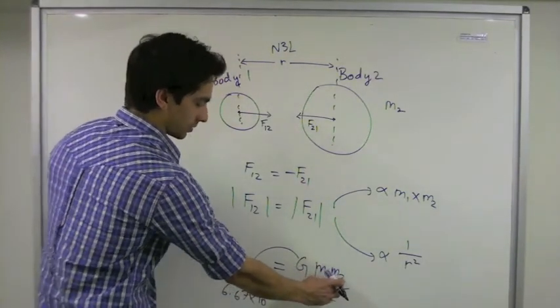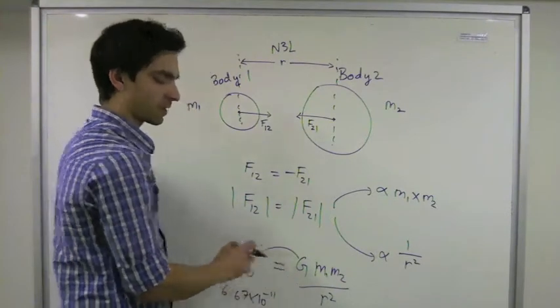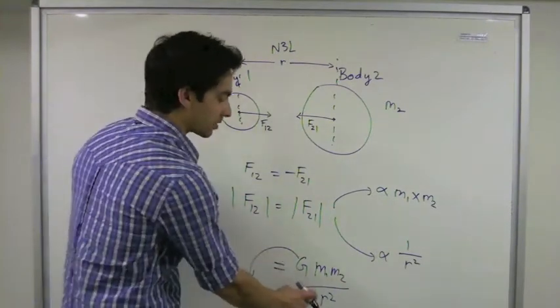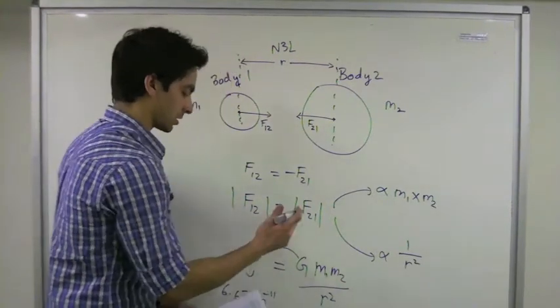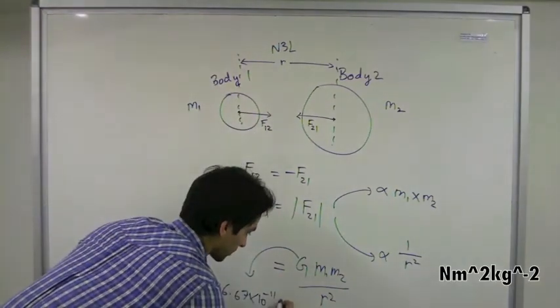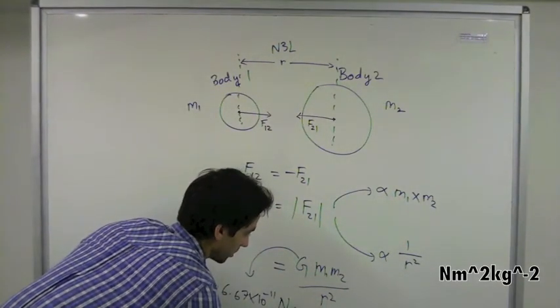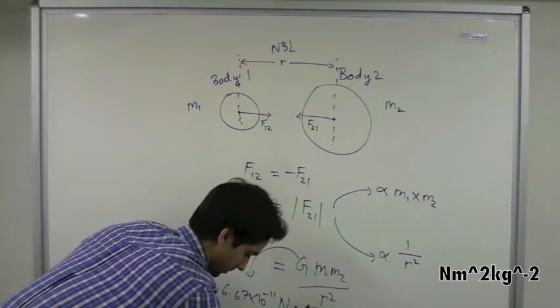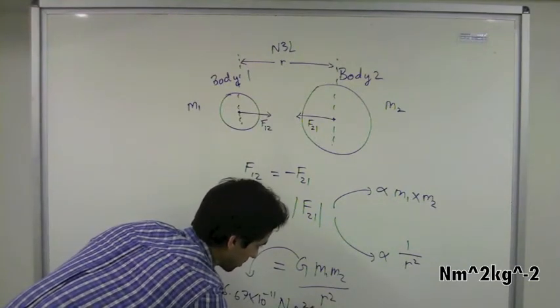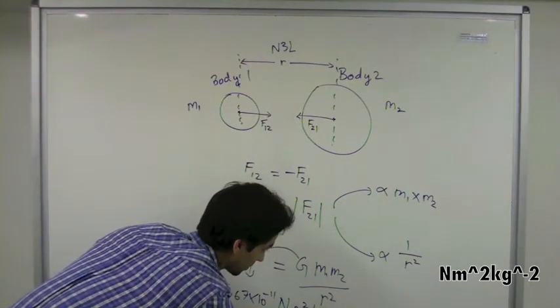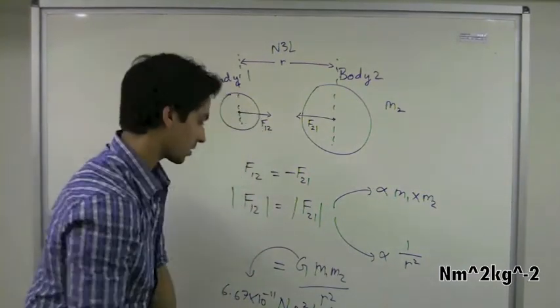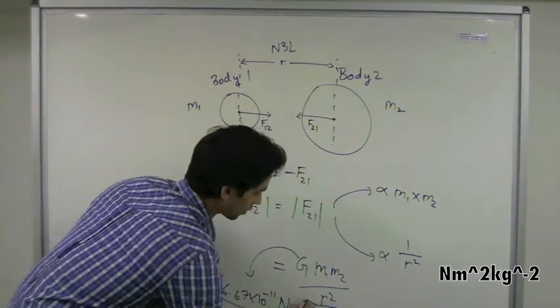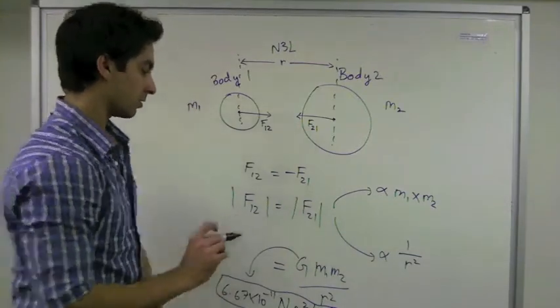So when you bring kg square to that side, it will become kg inverse square, and this meter inverse square will become meter square. So your units will be newton meter square kg inverse square. Okay, so that's the value of the universal gravitational constant.